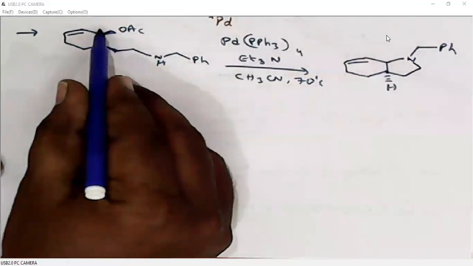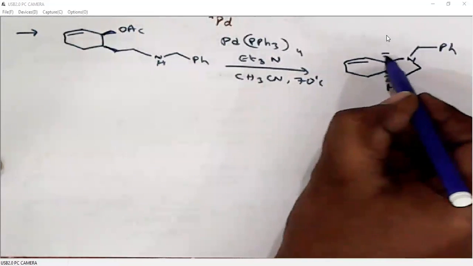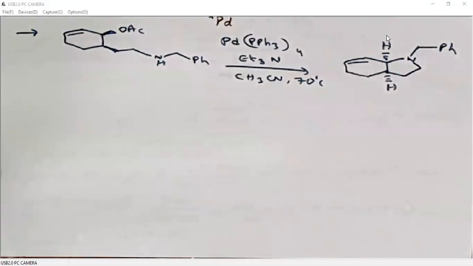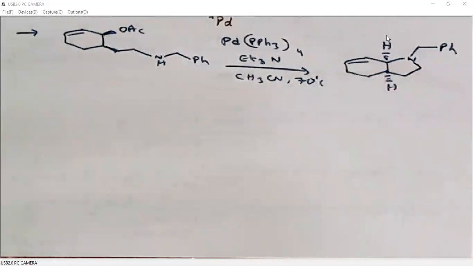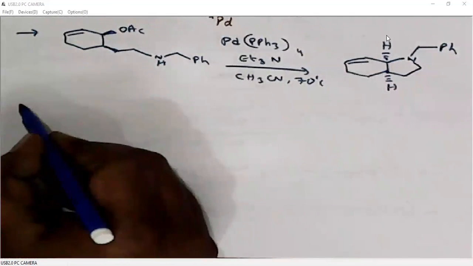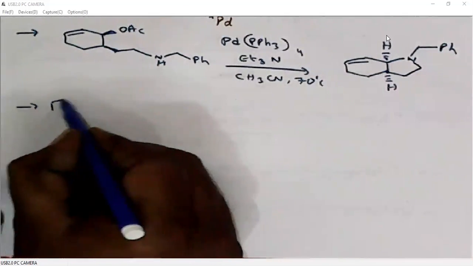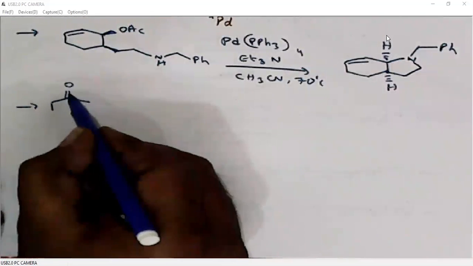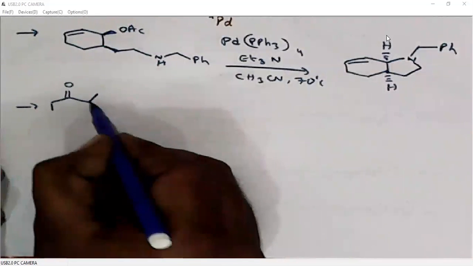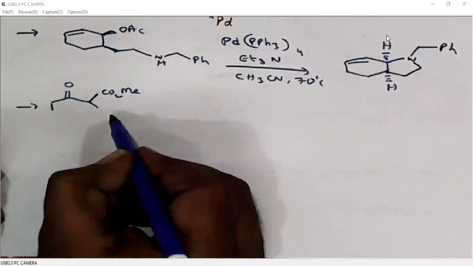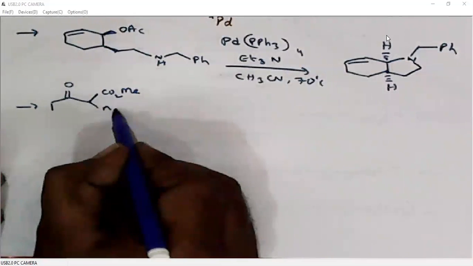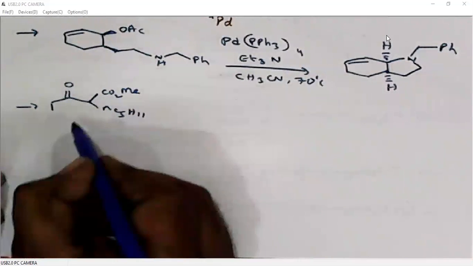Here also hydrogen will be below the plane. As we know, the Trost-Tsuji reaction leads to retention of configuration, so the hydrogen will be below the plane only. As far as the Trost-Tsuji reaction is concerned, identifying the leaving group, the allylic system and the nucleophile is important.